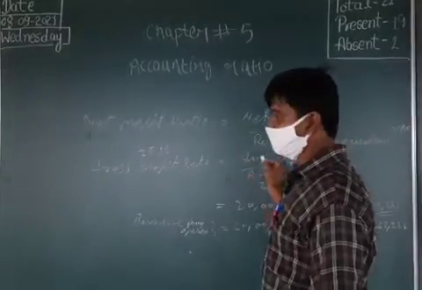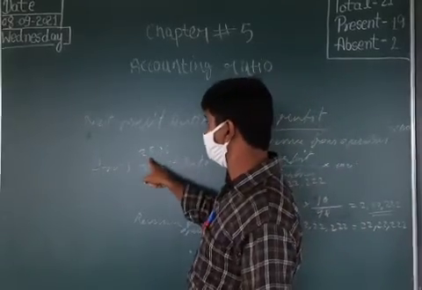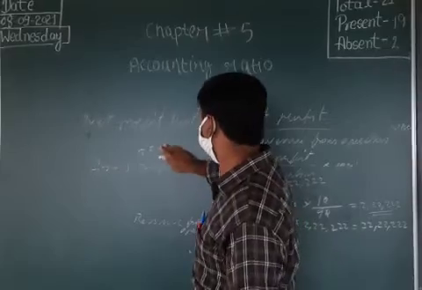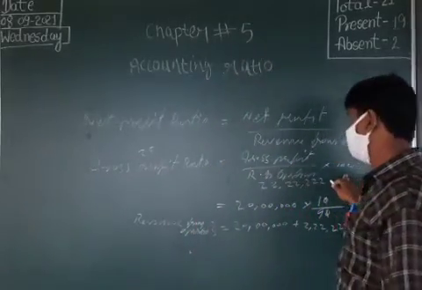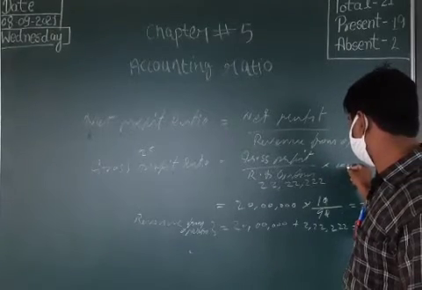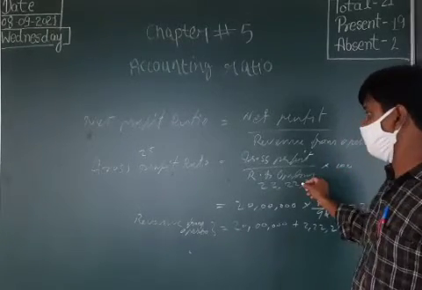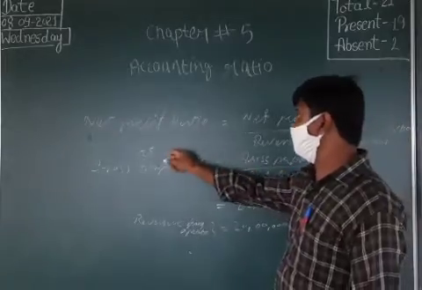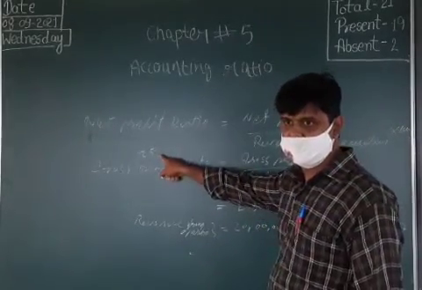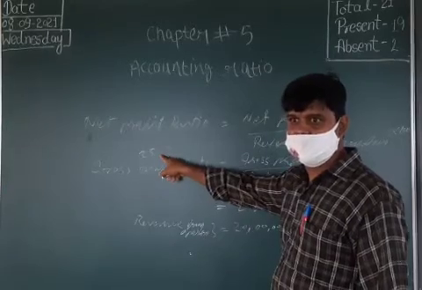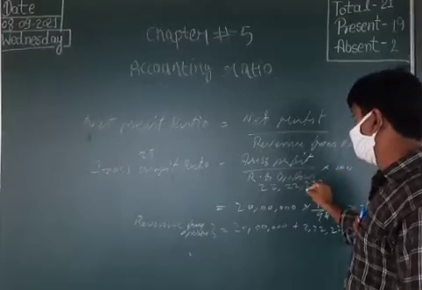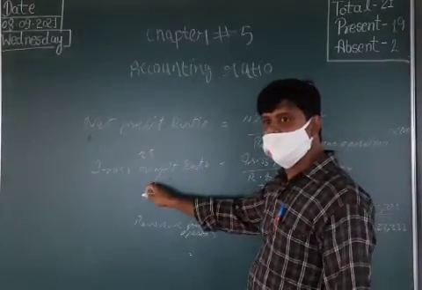Then we get gross profit. We already have the 25%. So either we can do it like this: here itself we can divide and later multiply with this 25.